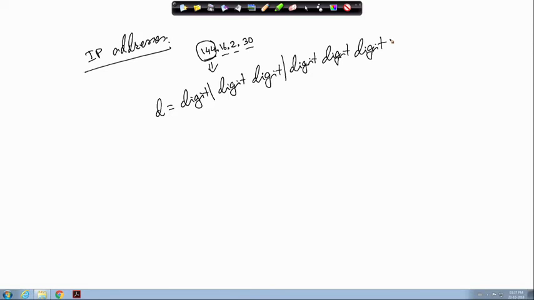And once it is done, then I can write that IP address is equal to D, and then this dot character has to be there, and following the Lex convention, say we put this escape character, D, then D, then D. So, this is the regular expression for IP address.